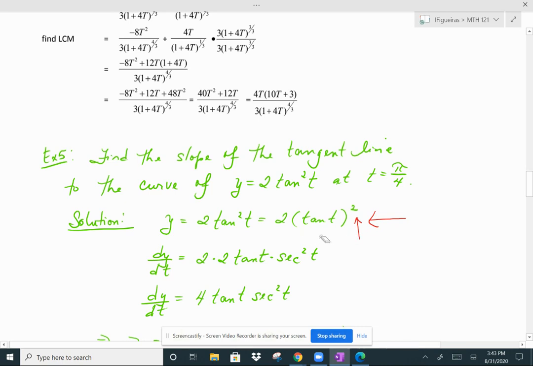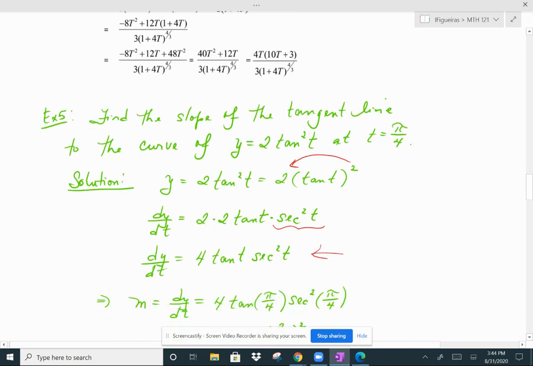On the next line, when I take the derivative dy dt, you'll get 2 times tan of t, because you have to multiply 2 times this 2 and then subtract 1 from the exponent, so it's just to the first power, times the derivative of tangent, which is secant squared of t. So that gives us 4 tangent t times secant squared of t. And that's your general derivative.